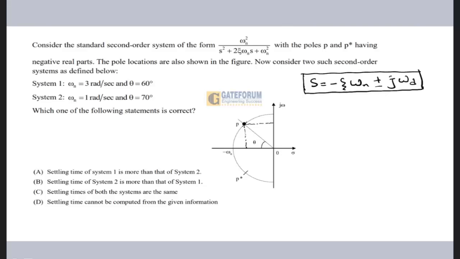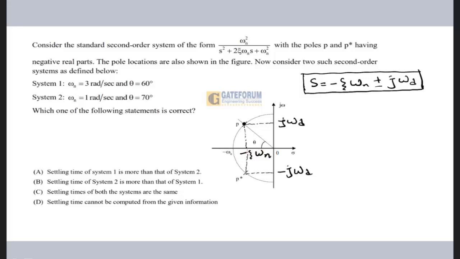Because when the poles are lying in the complex plane, or when they are complex conjugates of each other, this is what you get: minus zeta omega n plus j omega d. And this part would be minus zeta omega n minus j omega d. So if you see here, this part is omega d and this part is minus zeta omega n.